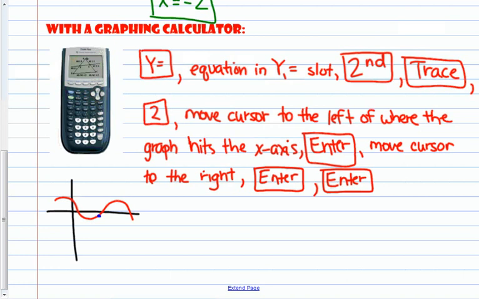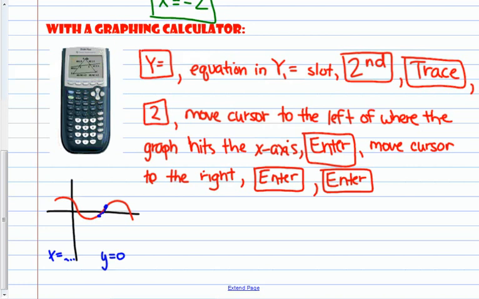Then you would hit enter, and then you would move the cursor up to this side, which is the right side. And then you would hit enter, and then it asks you for a guess. You do not have to guess, just hit enter again. And then on the bottom, it'll say x equals whatever that is, and then y equals 0.